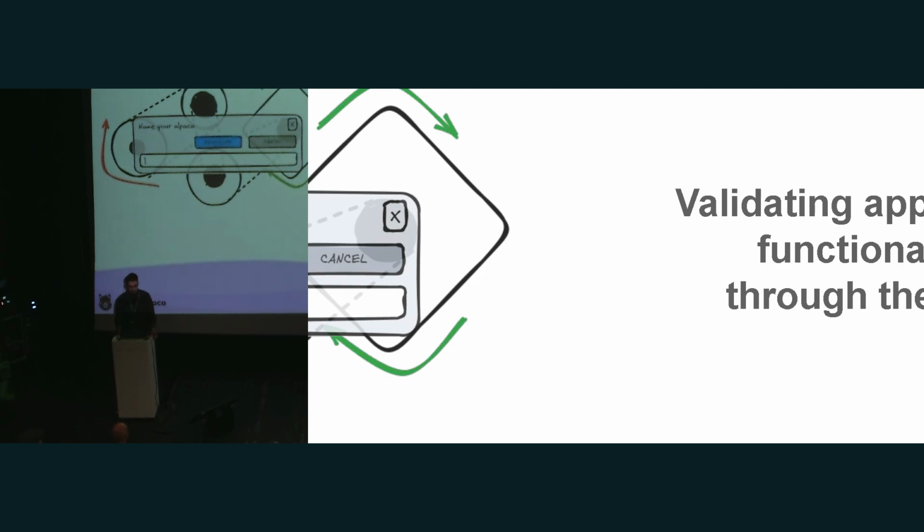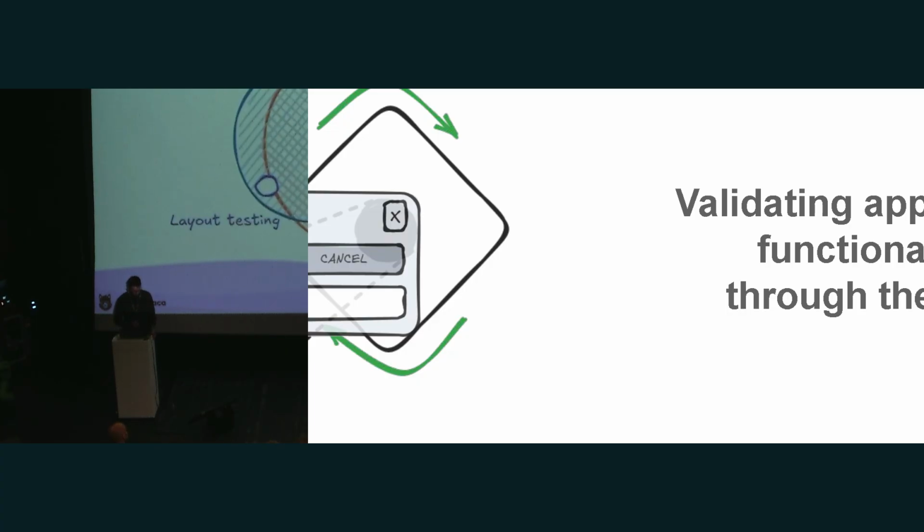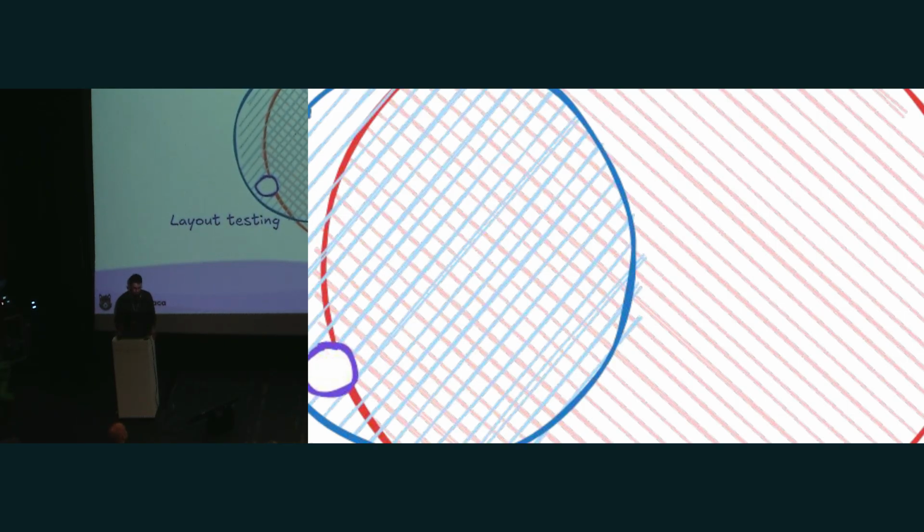Right, but again, these are really coupled together, and it's really easy to miss these visual aspects of testing the application. So if we miss our visual verifications, that opens a gap in our testing process, in our testing coverage. And this gap might be, for example, layout testing.